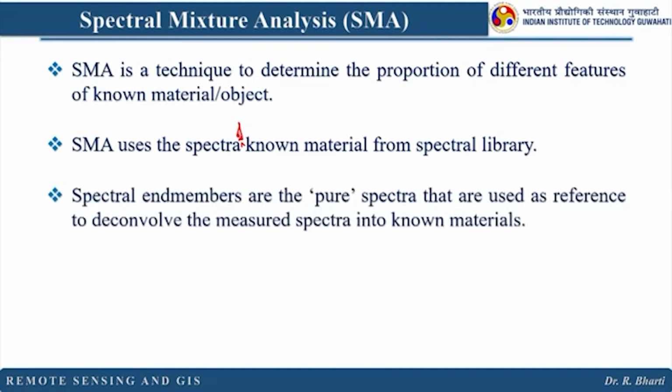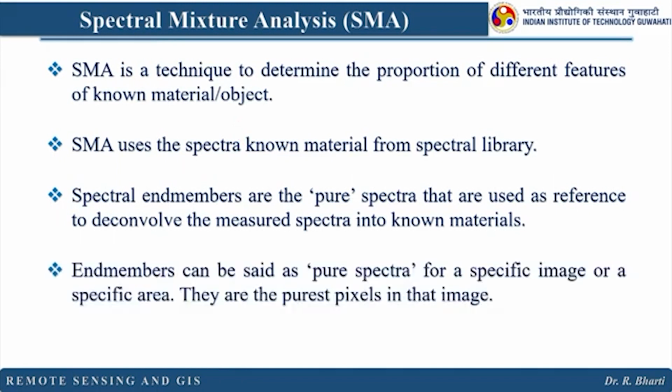Spectral end members are the pure spectra that are used as a reference to deconvolve the measured spectra into known materials, right. Now, just imagine if you derive 10,000 by 10,000 pixel spectra and you match them one by one with the spectral library, how much tedious work you would have to do, right.